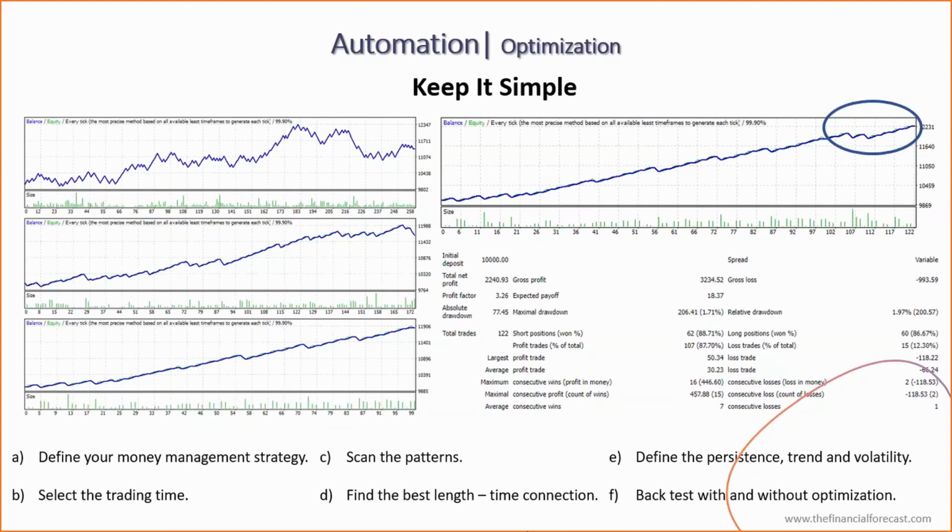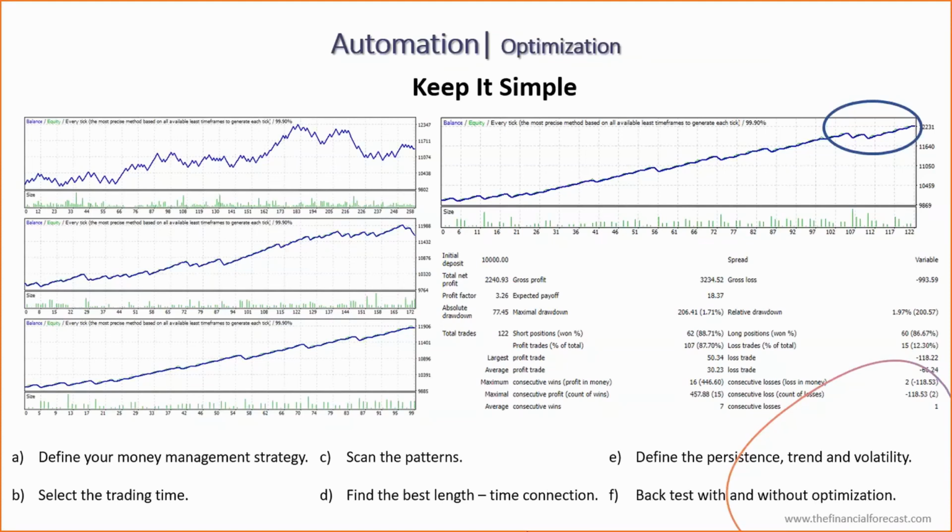But don't go so deep just to try to fit your equity curve. Don't use all the different indicators that you have in the tool to define volatility or trend. Just use one, the one that fits best for your instrument, the one you're building the strategy for.